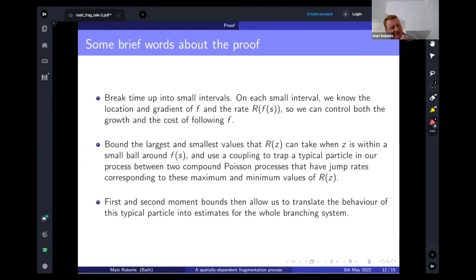Yeah, it is really tricky, because R is discontinuous, so a priori we have no control over where particles are going. And if you have no control over where they're going, you have no control over how fast they can split. So actually we had to go to discrete time.